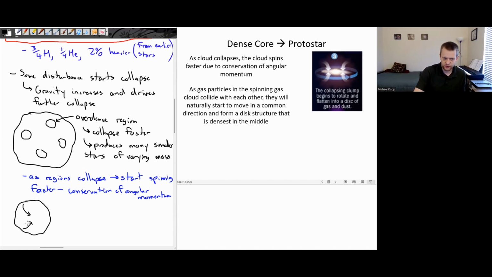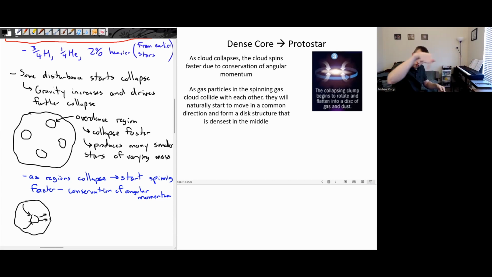Well, if these different clouds are spinning different ways, when they run into each other, those clouds are going to end up spinning in the same direction. If I have a cloud of dust and gas that's moving this way and a cloud of dust and gas that's moving this way, and those clouds run into each other, basically you're going to be left with those clouds ending up going in pretty much the same direction.